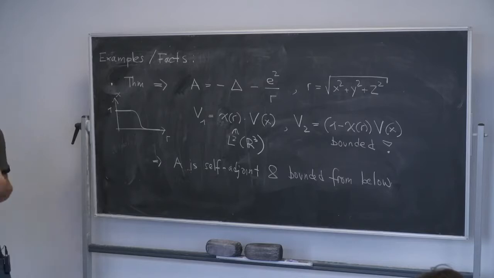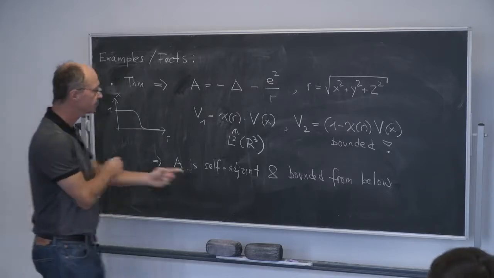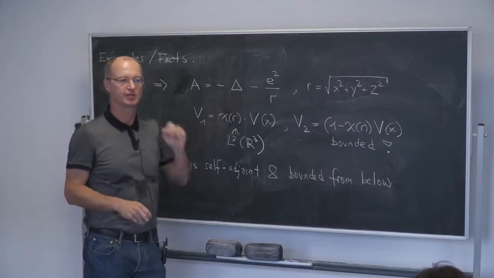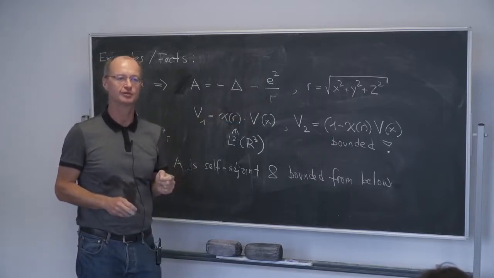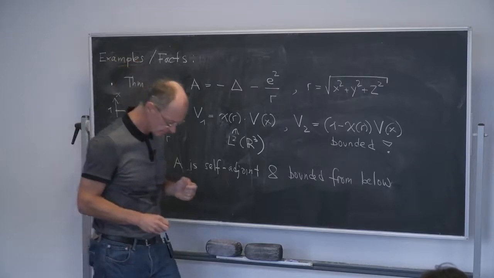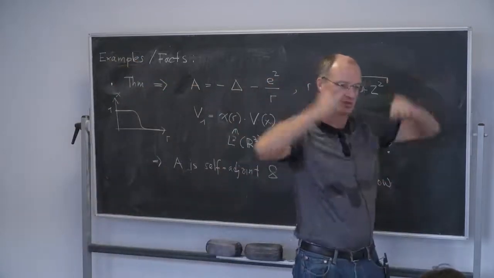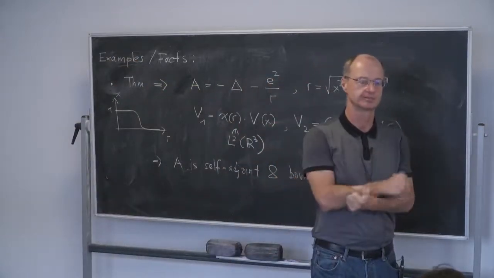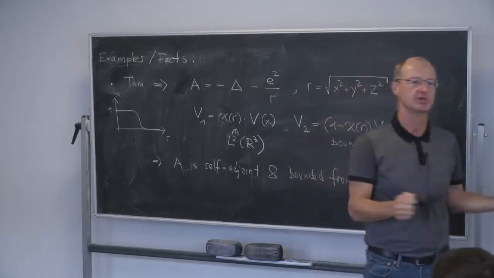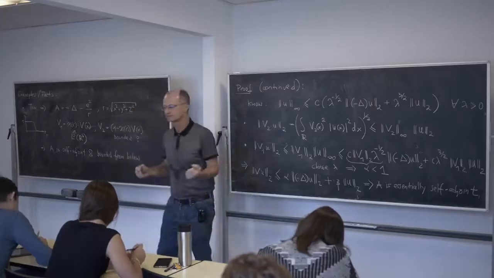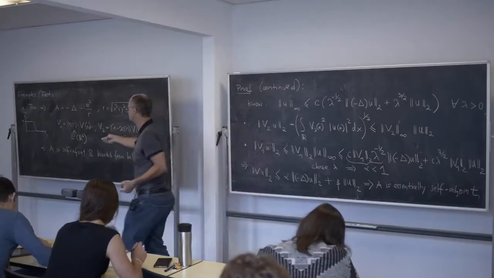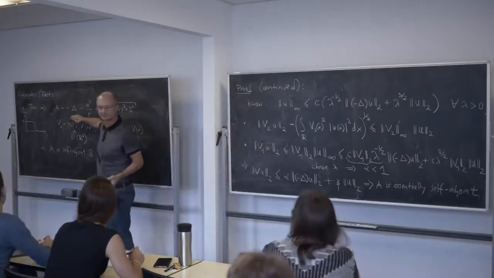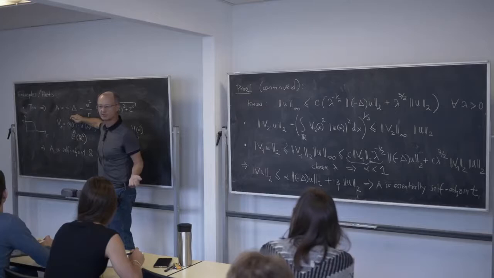Now, let me ask experts in quantum mechanics. For this particular operator, do you see some other way to prove it without using the huge machinery, or with using some other huge machinery? So how to see that this thing is self-adjoint and bounded from below?